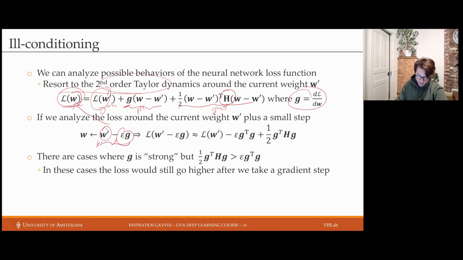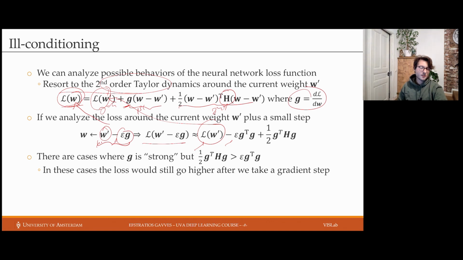If we replace this in the loss function, we obtain that our new loss is equal to L of W prime, the 0th order term, minus epsilon times g transpose g, which amounts to the inner product of the gradient with itself, the norm of the gradient, plus a term with the gradient times the Hessian times the gradient.